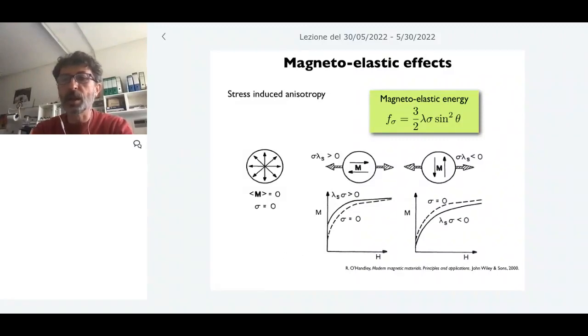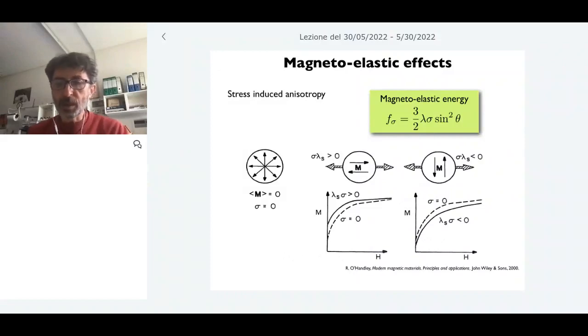Internal tensions are always there, and are well seen through the magnetic anisotropy that is induced. So you may induce anisotropy by applying a stress, and this depends very much on the sign of magnetostriction, positive or negative. In this case, considering, for example, polycrystalline materials, the saturation magnetostriction is used.